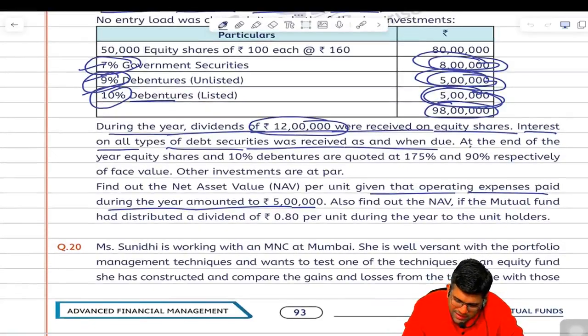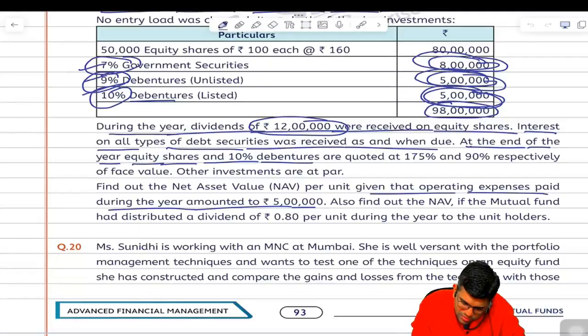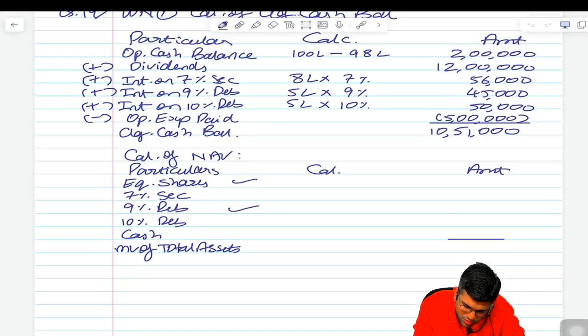Everyone clear? Okay. Now let's talk about this. They are saying at the end of the year, equity shares and debentures. Equity shares and the debentures, 9% debentures. Oh, I'm sorry, they're talking of 10%. Hold on.